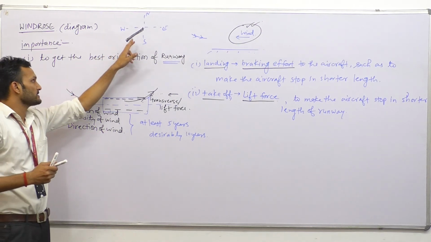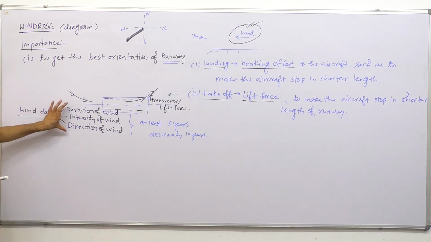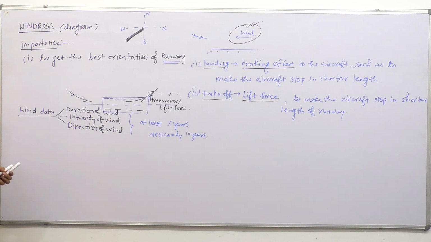To get this direction, we use the windrose diagram, which incorporates the three wind data collected over a period of at least 5 to 10 years.